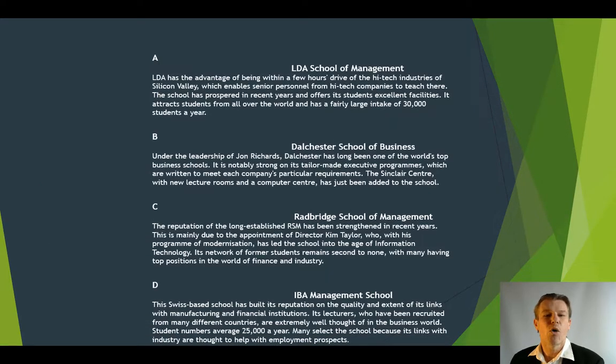Here are our 4 extracts, A, B, C, or D. Again, we're going to go into this in a lot of detail in a minute and underline keywords and so on. So we will come across this in more detail later on.